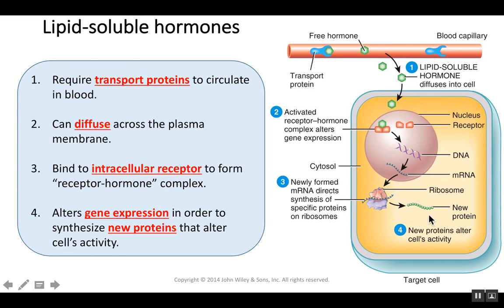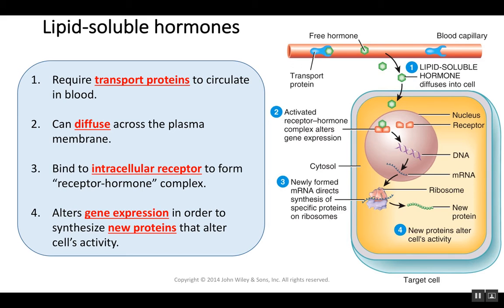Translation uses the mRNA code to make a protein. So ultimately, this process results in synthesis of new cellular proteins. These proteins are often enzymes that are used to produce reactions in order to allow that target cell to change what it's doing.